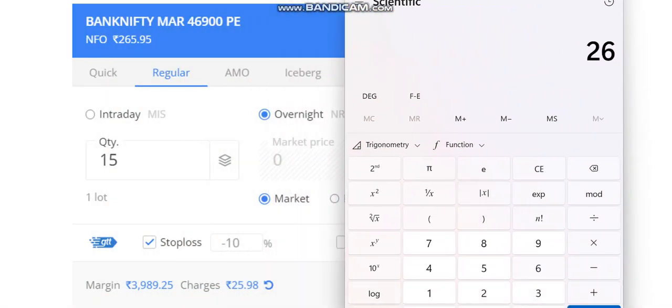So I'm calculating the stop loss price: 265.95 into 10%, that is 10 divided by 100, so 26.595. 265 minus 26.5, so 238. If the price drops to 238, I will exit this trade. So this is the stop loss order.